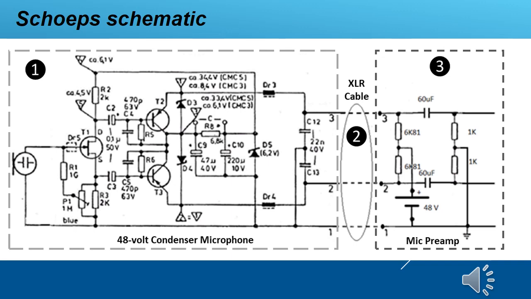Clearly, you see that these resistors, all four, are a load for the emitter follower here in the microphone at the other side of the cable. Nevertheless, they have their influence on the behavior of the emitter follower.